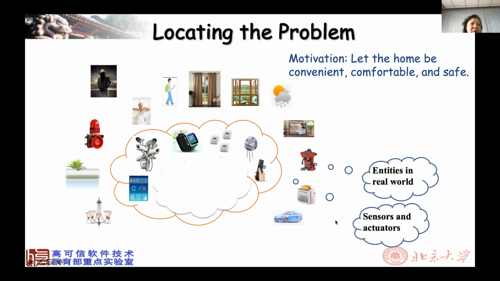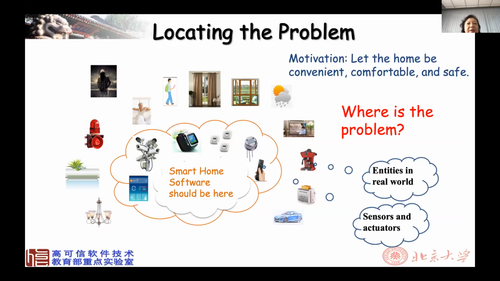And then the smart home software should be inside here, because it needs to use these sensors, the devices, to detect the states of the real world, and also commands may take effect through the actuators. So the software is located here. This is the location of the program.